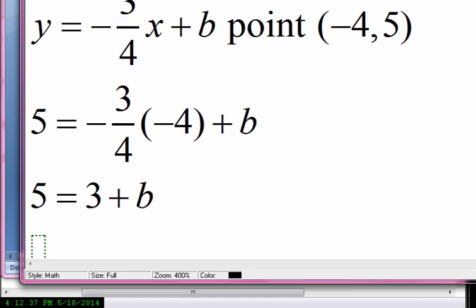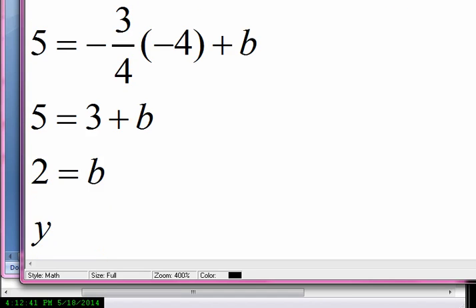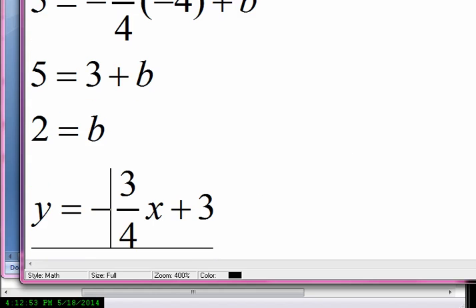Subtracting 3 from both sides, we get 2 equals b. So then our equation becomes y equals minus 3/4 x plus 2. Instead of having b, we replace it with 2. That's the equation of the line that is parallel: same slope, goes through the point negative 4, 5.